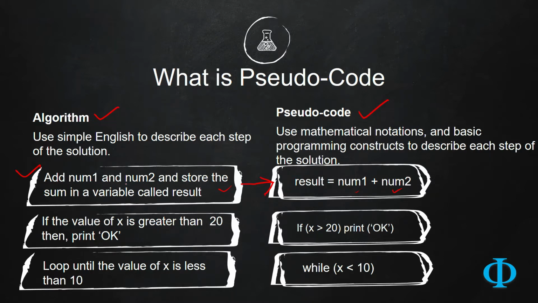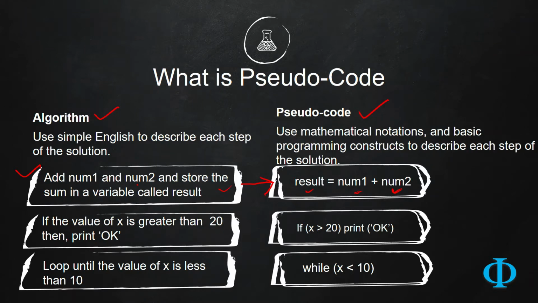That is, add num1 and num2 and then assign or store the sum in the variable called result. That's it.